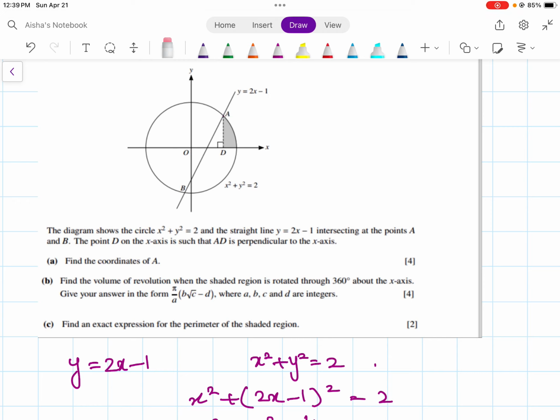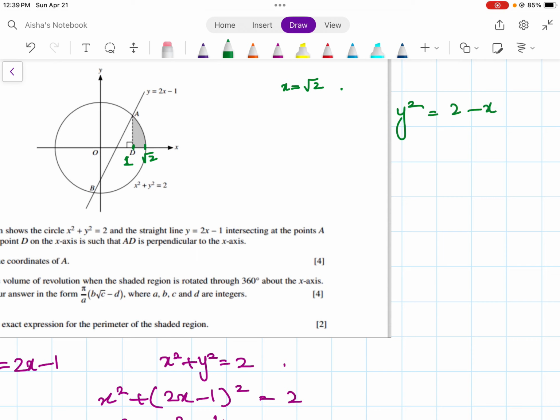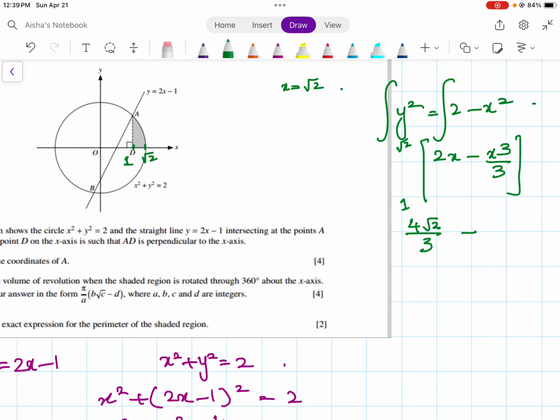Volume you can see is clearly generated by the circle. Limit this and this. The limit of this is 1. What will we put in the limit of this, y equals 0. When we put y equals 0, what did the value of x come to, √2. And here, for the x-axis, we have to make y square the subject. Now integrated with the limits of √2 and 1. They want the exact answer. So we will take pi out, and 0.3 will come out.